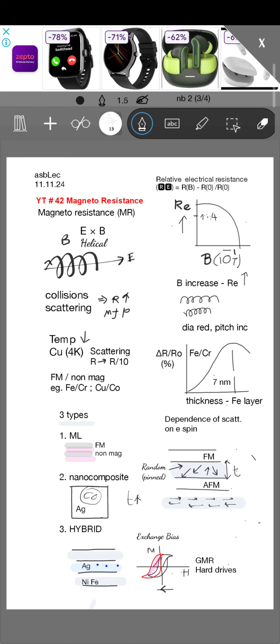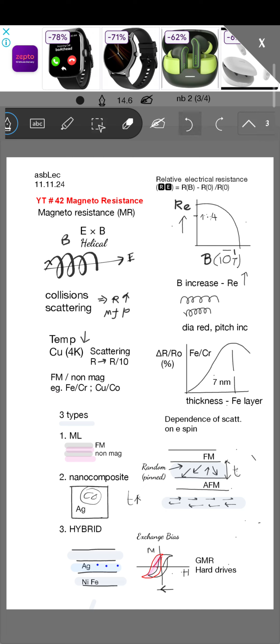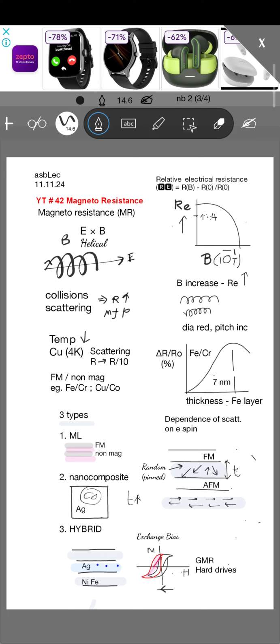So it's not any particular place; there are different magnetic particles placed on it.